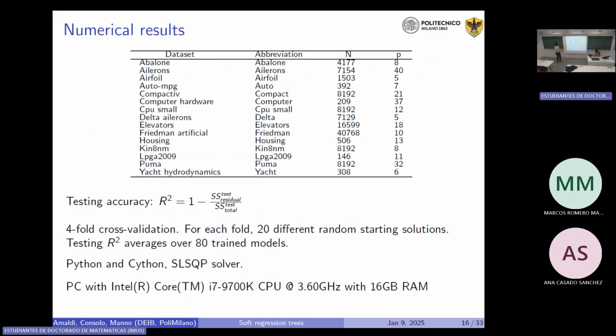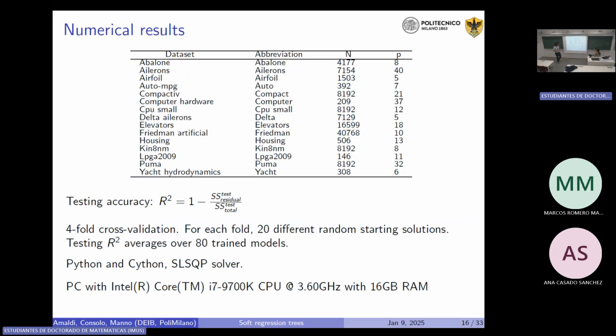So just to show you that we did all the homework, we tried to test our model on 15 benchmark datasets. We used the testing R square. We applied four-fold cross-validation to split the dataset in training and testing. And for each fold, we ran 20 different starting solutions.